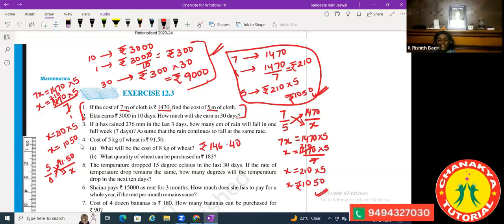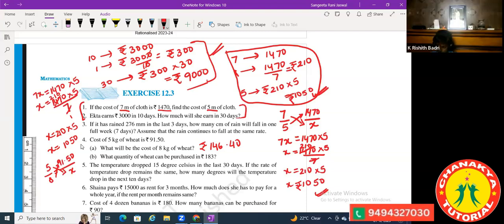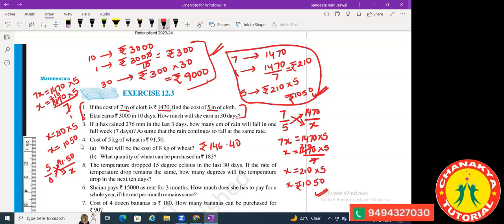Ma'am, you don't say the answer. I'm not telling the answer. Just check whether you get the same answer. The answer has to be the same, whichever method you apply.